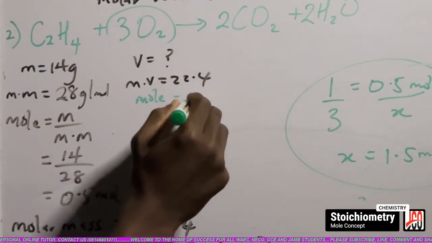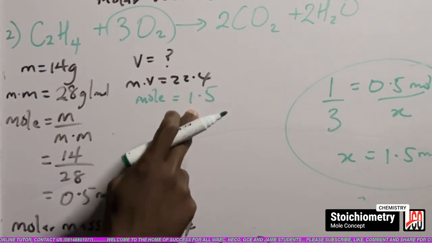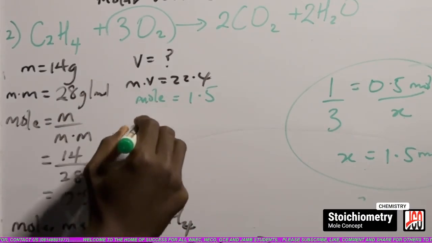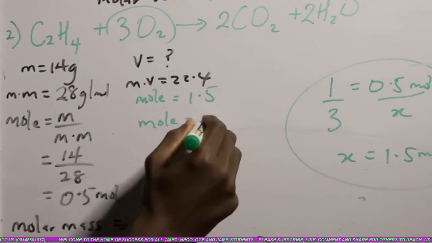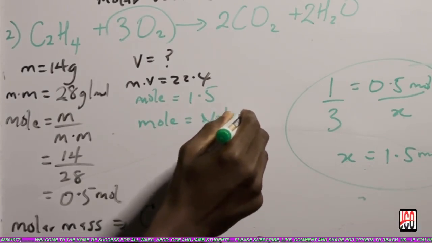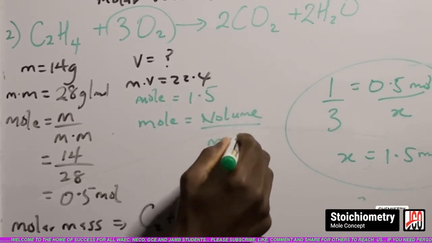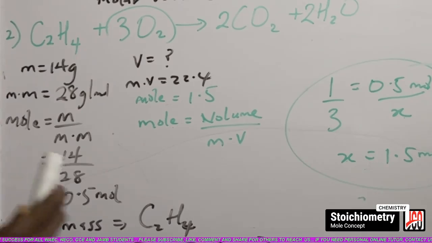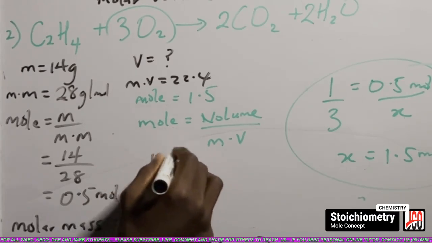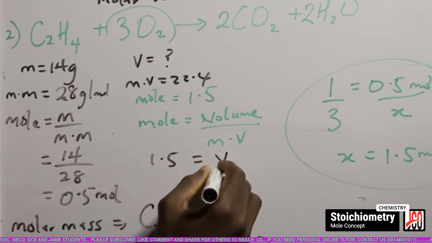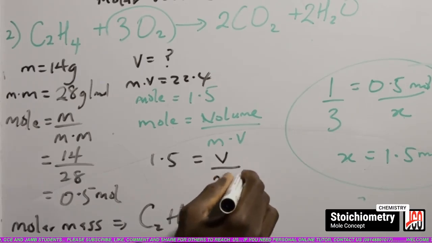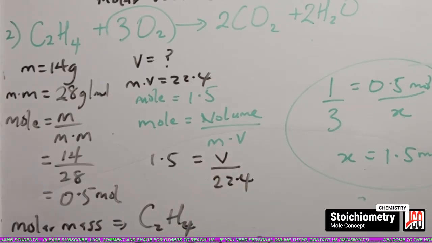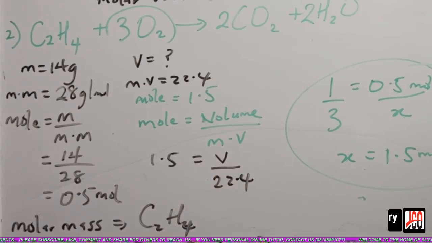So mole is 1.5. Now we can solve for volume. We know our formula for mole is what? Volume over molar volume. So how do we progress from here? Mole is 1.5. 1.5 is equal to your volume unknown over molar volume 22.4. Of course, you are going to cross multiply.